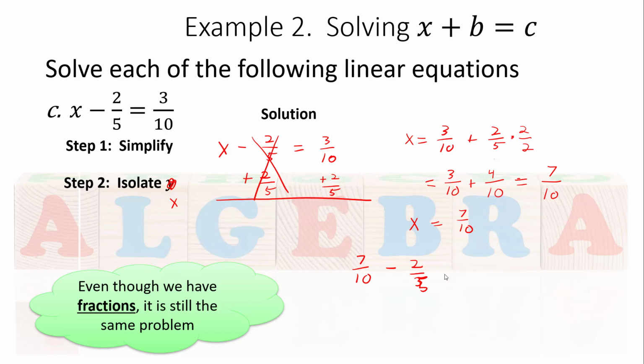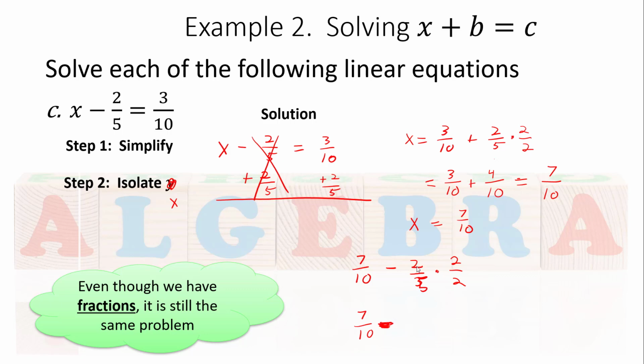Once again, since 10 is a multiple of 5, I can multiply this side by 2 over 2, which by the way is 1. And if I do, let me bring the 7/10 down here. I will have, no, not equals, minus, there we go.